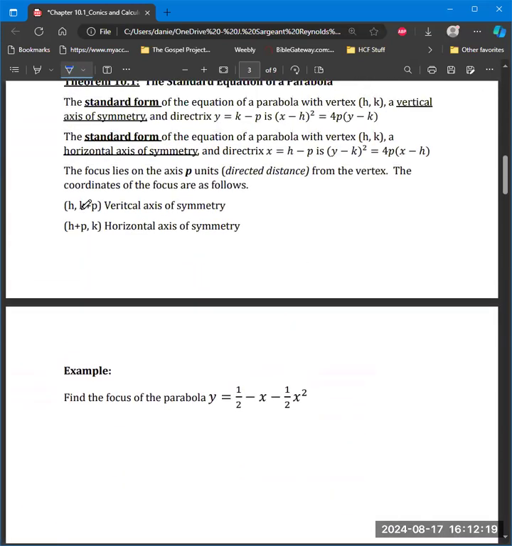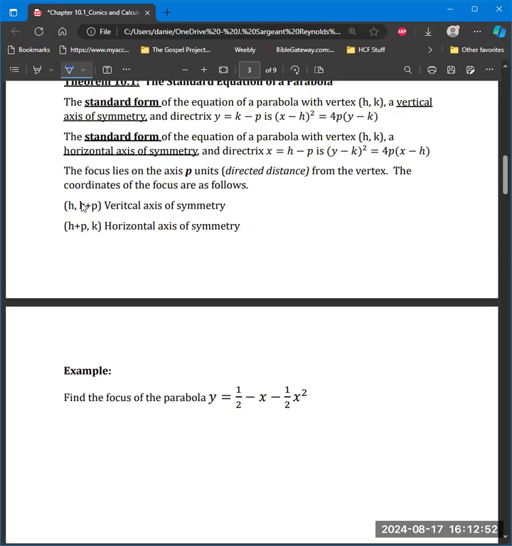It also could open horizontally, have a horizontal axis of symmetry, and in that case, x and y switch places, and k stays with y, and h stays with x. The part you want to pay attention to here is that with a parabola, one of the variables is squared and the other variable is not squared. In all the other forms we're going to talk about, both x and y are squared.